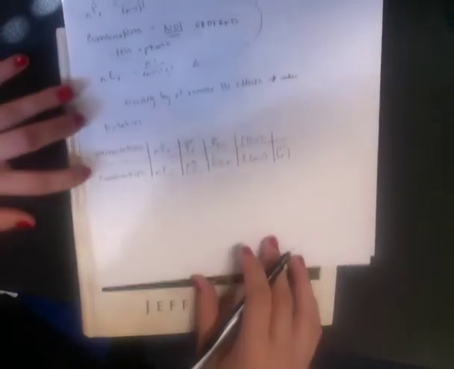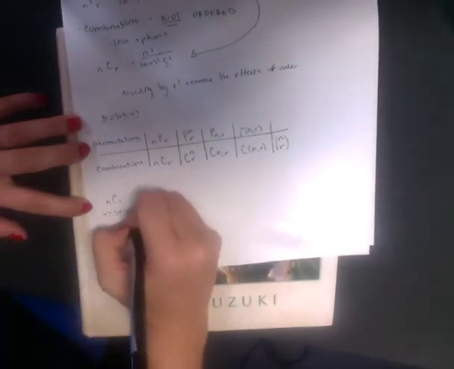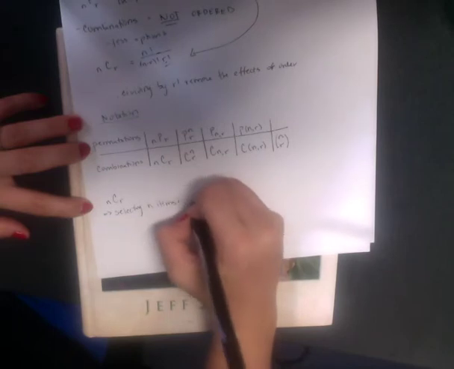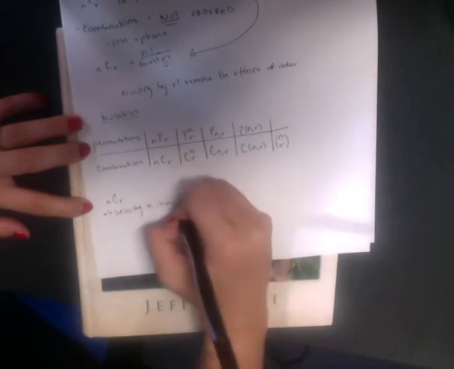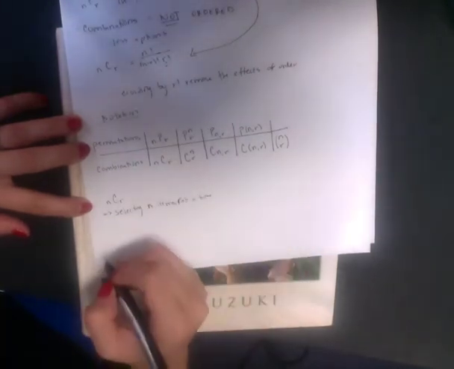Now, let's look specifically at nCr. Okay? This tells us we are selecting n items r at a time. I'm selecting n items r at a time.